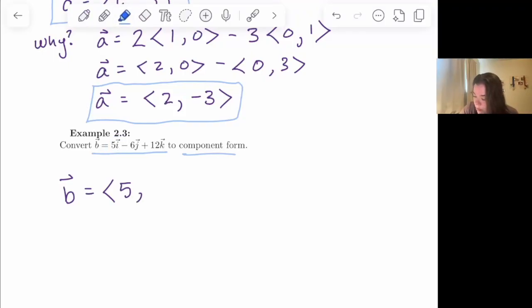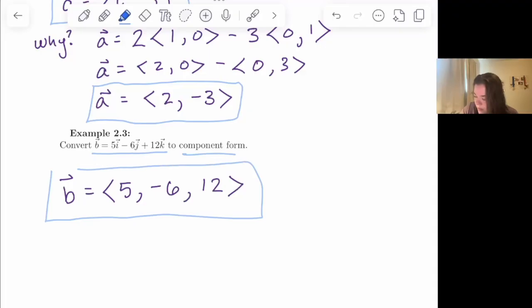The value multiplying the j will be the y component. And the value multiplying the k will be the z component. So there is component form versus up above, you see the IJK notation. Hopefully it becomes fairly fundamental to transfer back and forth between forms depending on your needs.